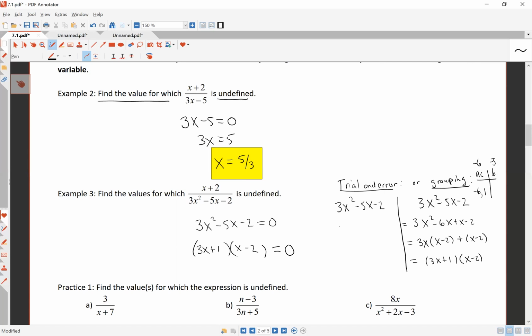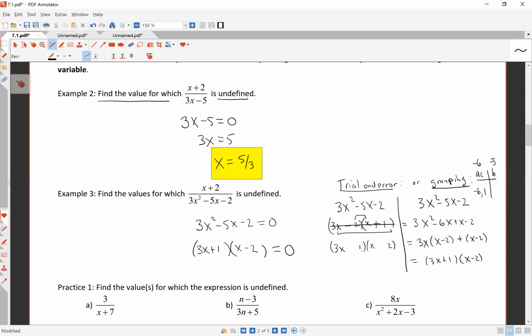If you do trial and error, you know the first in FOIL would have to be a 3x and an x. The last in FOIL is going to have to be either 2 and 1 or 1 and 2. If I do 2 and 1 in the first case, that would be a 3x and a 2x, which could get me 5 if I put the right signs in, but we know since it needs to be -2, we would put a negative on one of them and a positive on the other, and there would be no way to get -5.